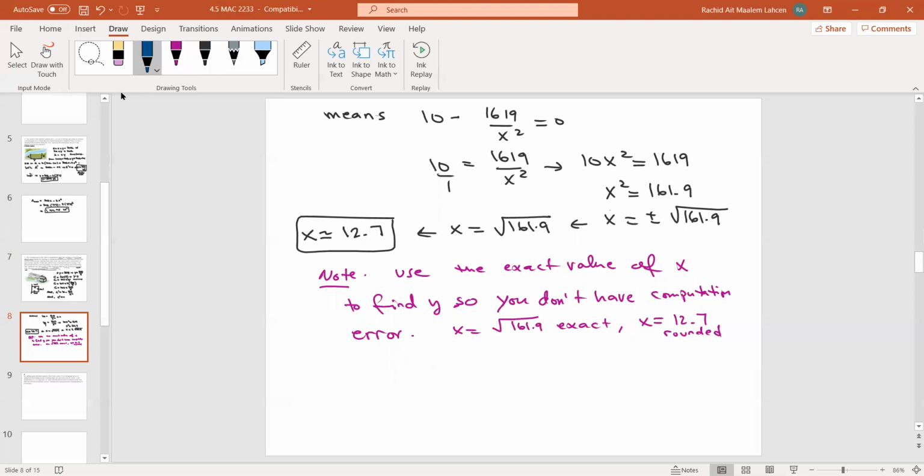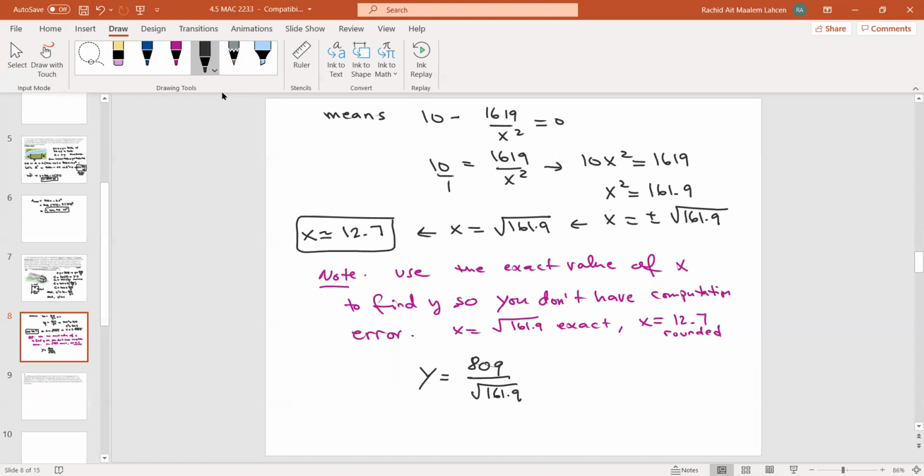And in this case, you'll have y equal. So we had 809 divided by the square root of 161.9. And let's try it.